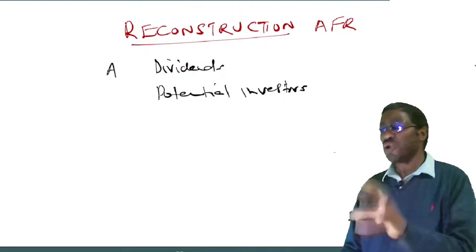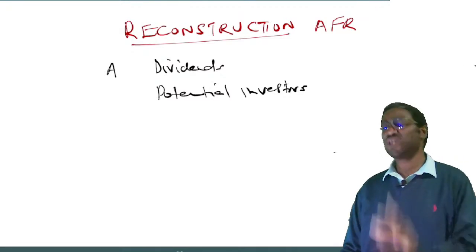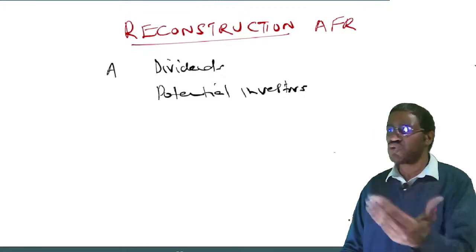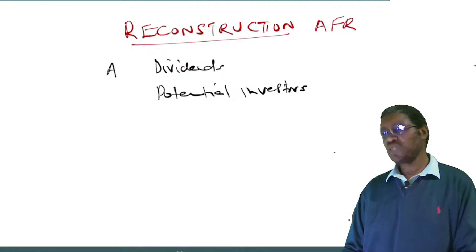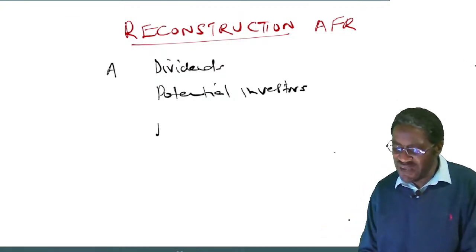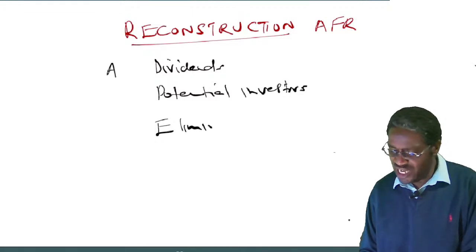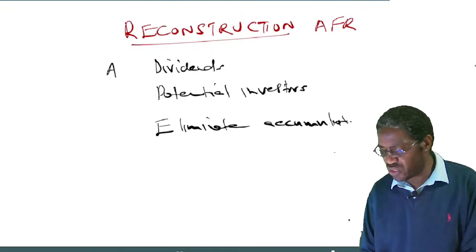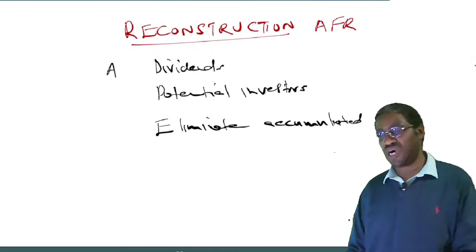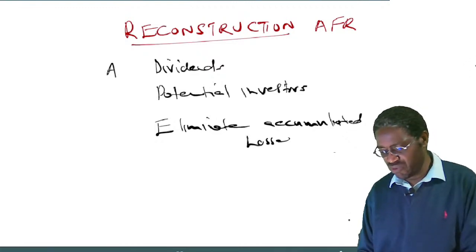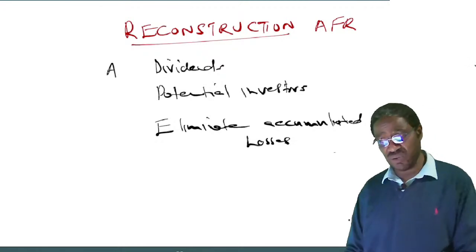So the most logical thing for you as a company to do is to reconstruct yourself, so that from now onwards you eliminate the accumulated losses from the books of accounts.